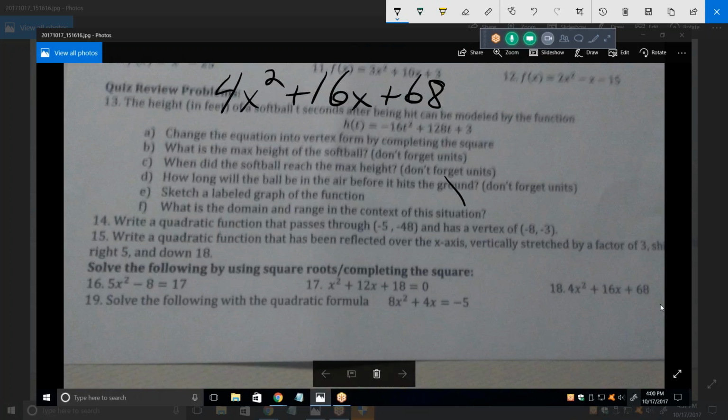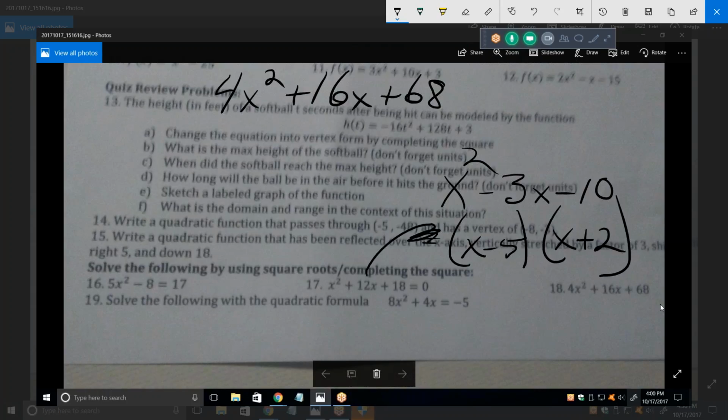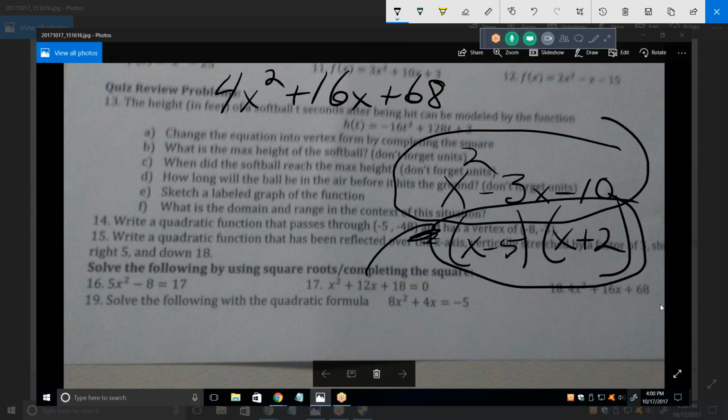If I give you this expression, here, let me make one up, that's equal to x minus 5 times x plus 2. All I'm doing is taking an expression and factoring it into that. So don't mistake this for an equation. It's not an equation.